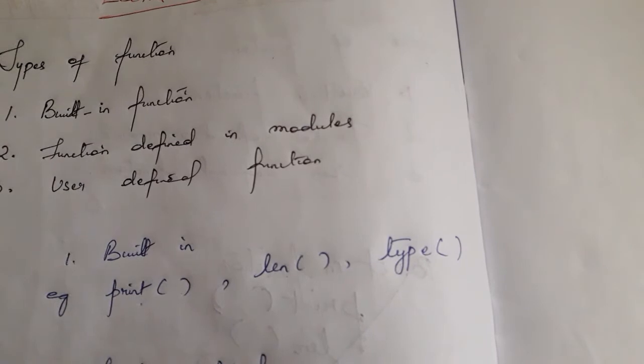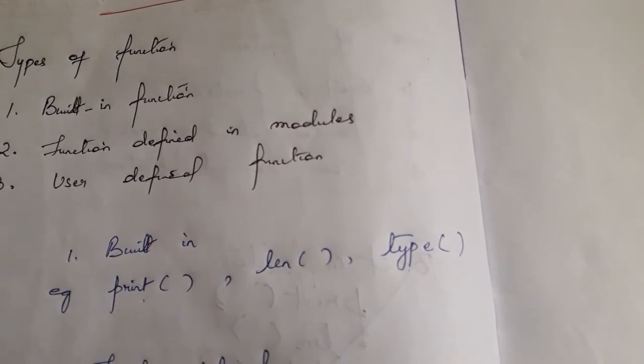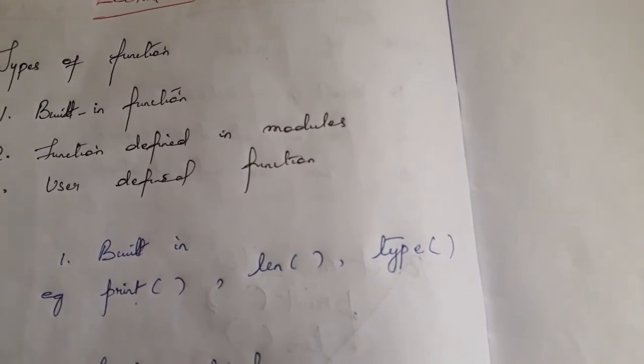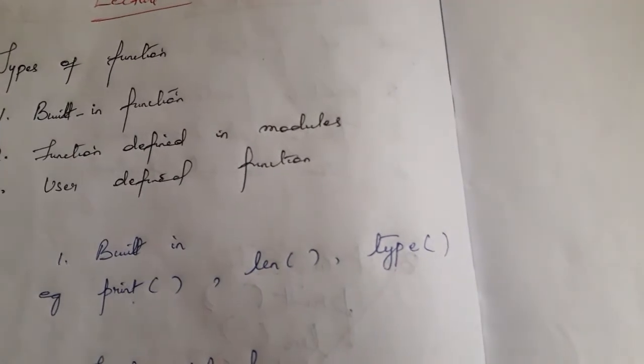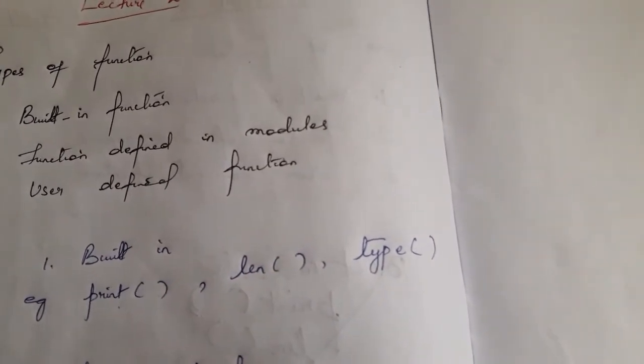You don't have to install them separately, or need any other file to use them. You can easily use them as and when required in your program. So that is your built-in function. Most of the functions that you have used throughout class 11 are included in the built-in functions.